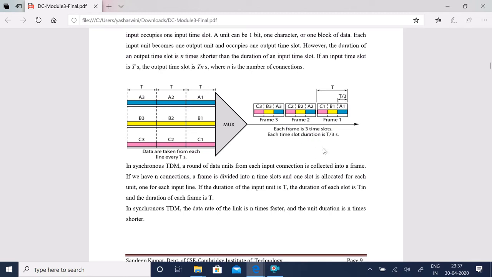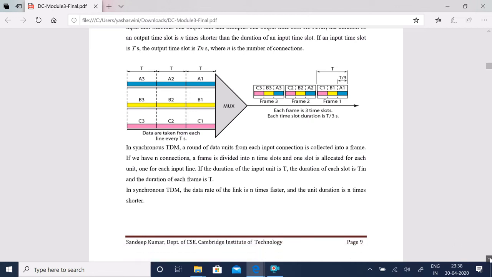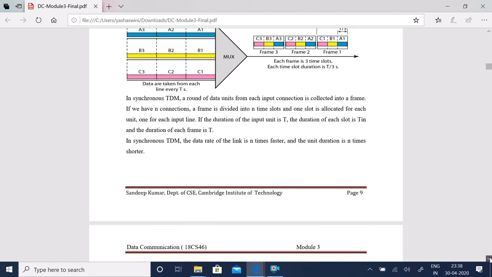In synchronous time division multiplexing, a round of data units is used and each of them is called a frame. If we have n connections, a frame is divided into n time slots and one slot is allotted for each of the connections. If the duration of input is T, then the time for each channel will be T divided by the number of channels.